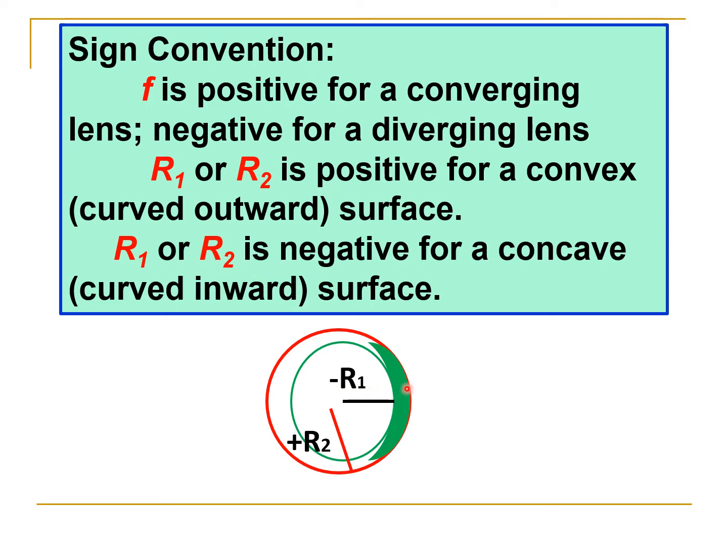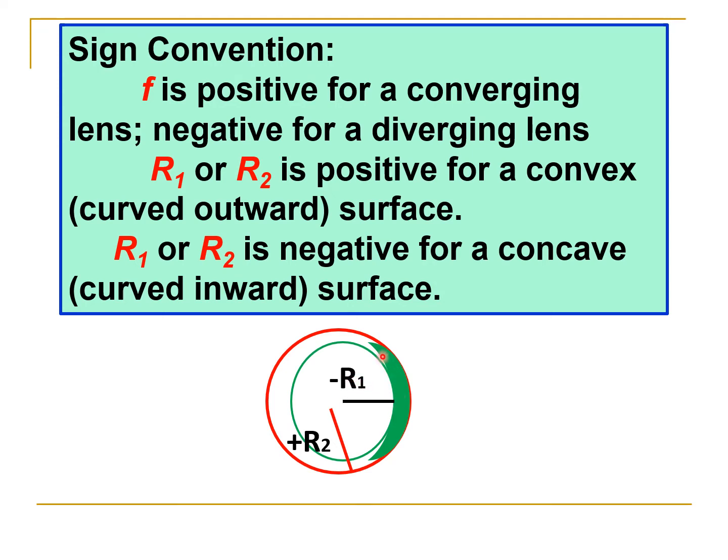So for example, what we have here is a kind of lens whose geometric center is thicker than its edges. So the surface facing to the left is a concave surface whose radius of curvature can be represented by this green circle whose radius is also represented by R1.